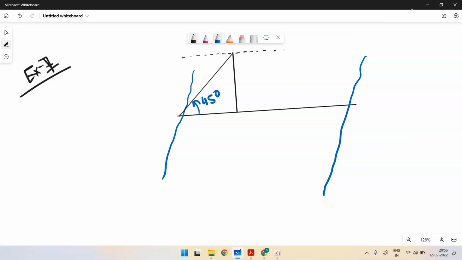If I join this, the angle of depression is 45 degrees, and for the other, this angle is 30 degrees, so this angle will also be 30 degrees, and this is straight, so this is my 90 degrees.